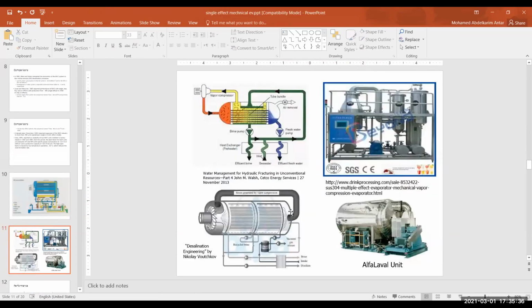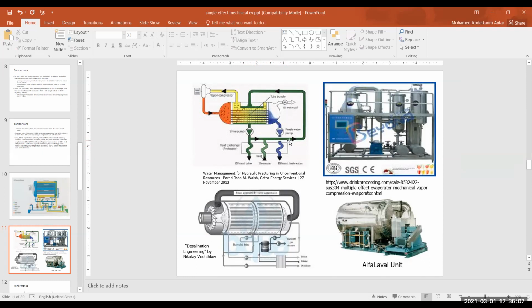These are some layouts that are now in the industry for the single effect mechanical vapor compression system. They are given by different companies, but the idea is the same. Again, this one has a heat exchanger taking the 3 fluids in: the hot fresh water, the hot brine, and the cold seawater all pass in here so that exchange of heat can occur.